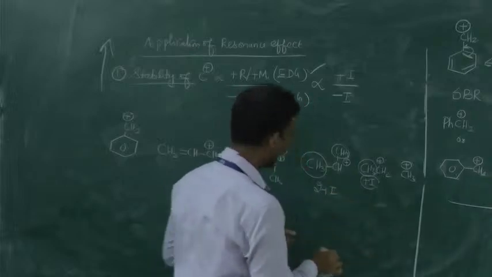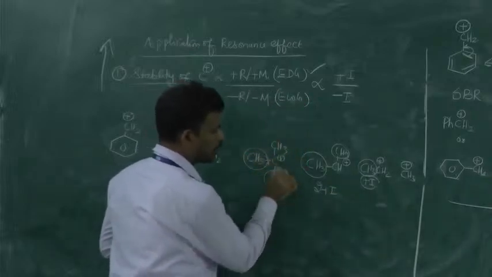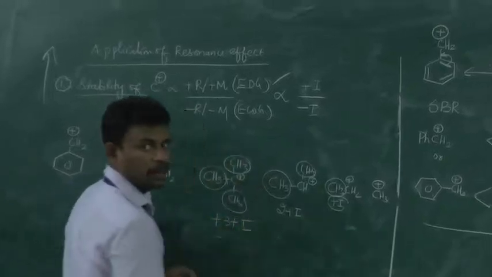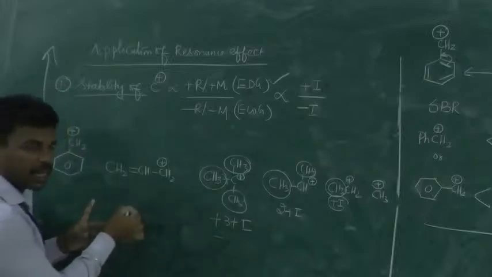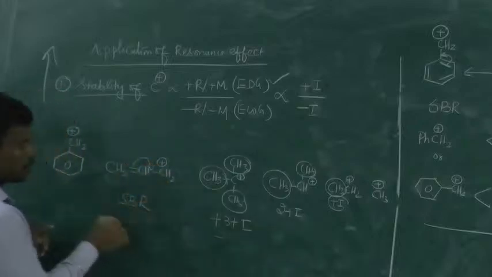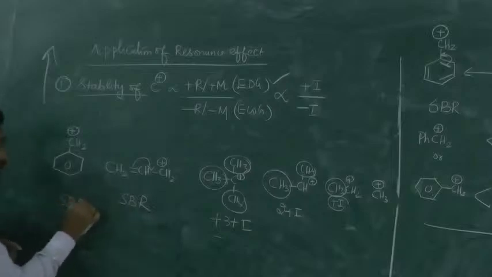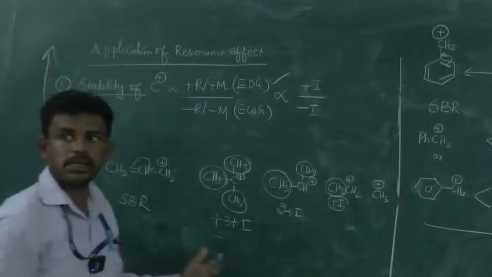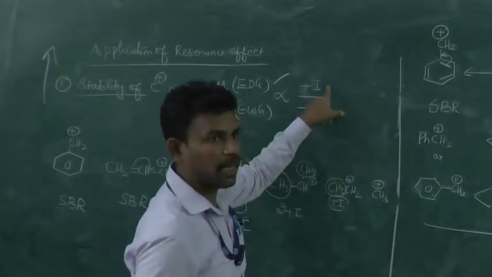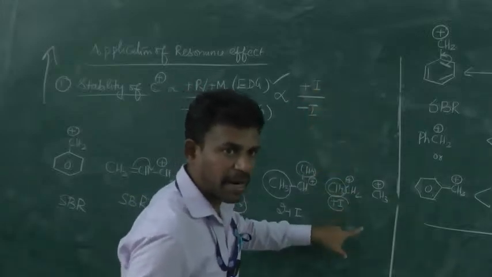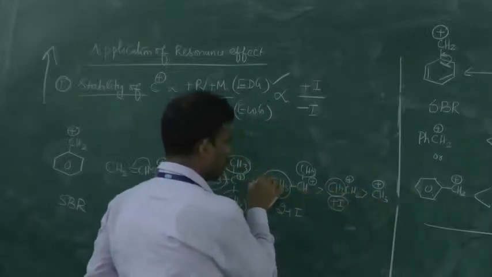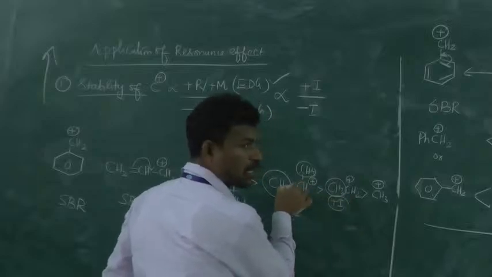There is no resonance here. Here there are 3 plus I groups. Next, here there is no plus I but there is resonance; this is stabilized by resonance, and this is also stabilized by resonance. Here we get only plus I. The number of plus I groups increases the stability of the carbocation. So this is going to be more stable.